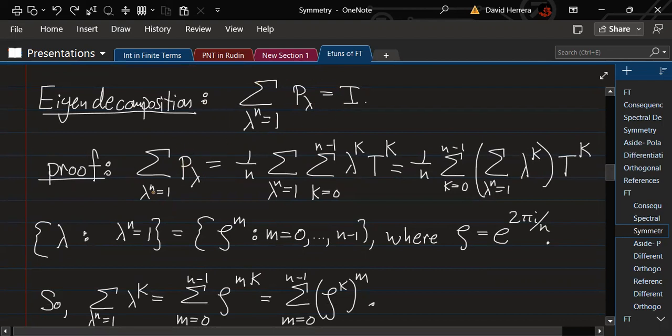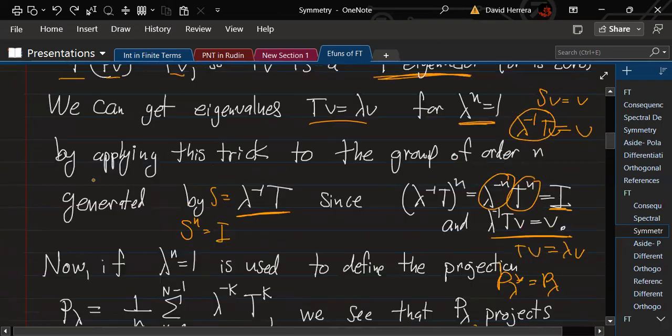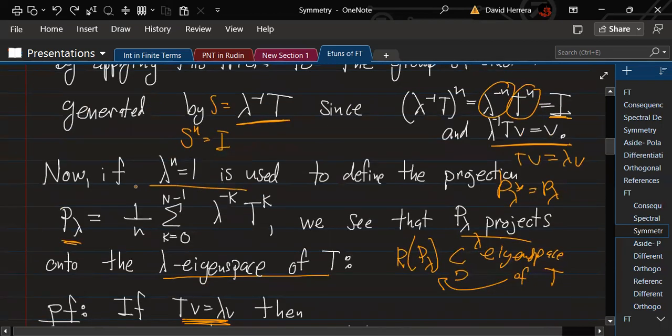So if we take this right here and define what P lambda is, with the 1 over n, maybe it's a little clearer if you write out what we're actually doing. We have these different lambdas, different T to the k's, and we're going to be adding over the lambdas. In some sense, we want the lambdas to cause a whole bunch of cancellation, so we're just left with an identity.